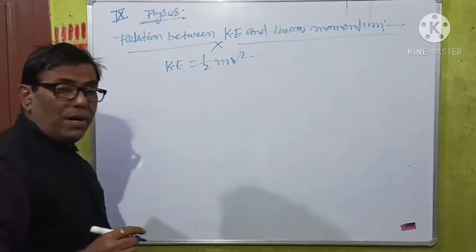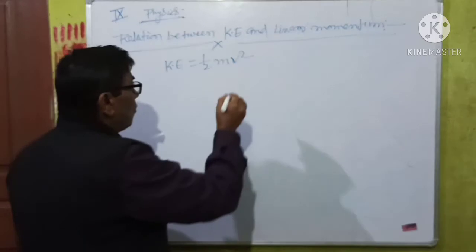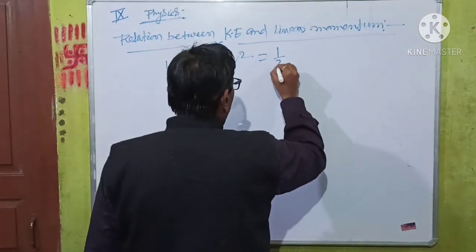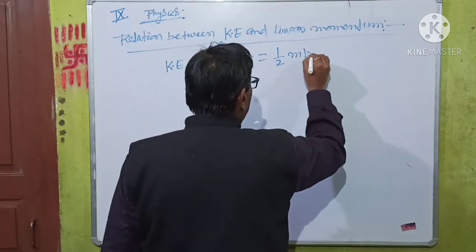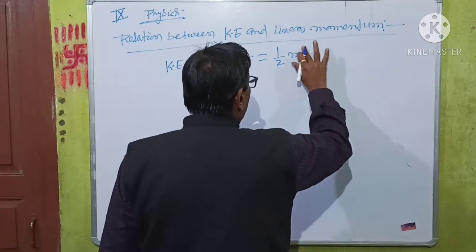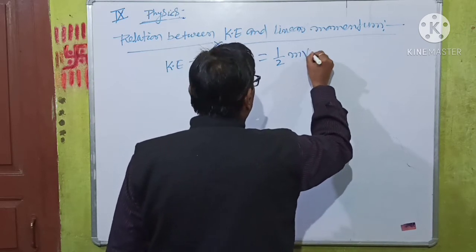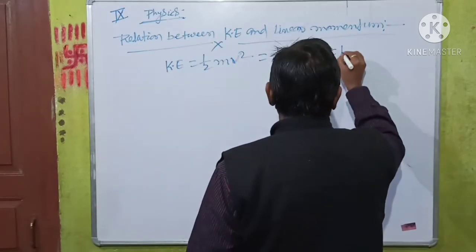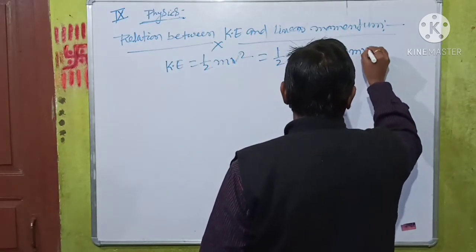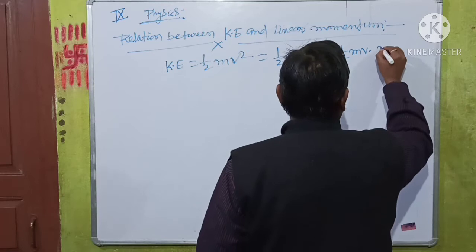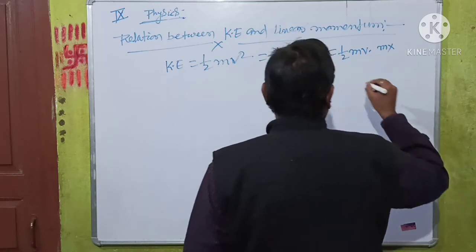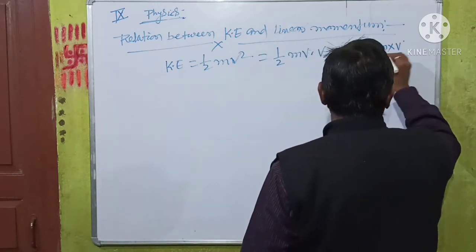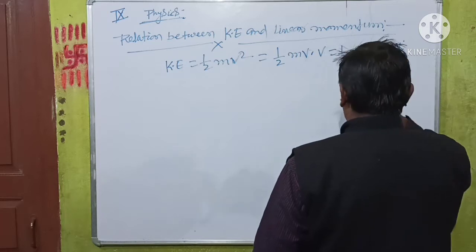It can also be written as half mv into v, which equals half mv into m multiplied by the second velocity v, divided by the mass m.